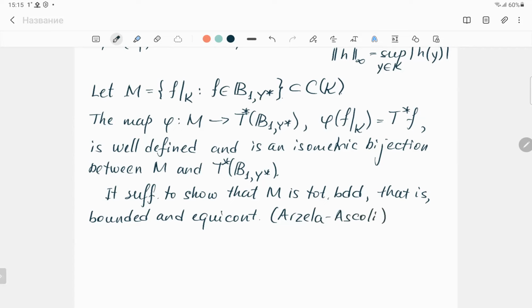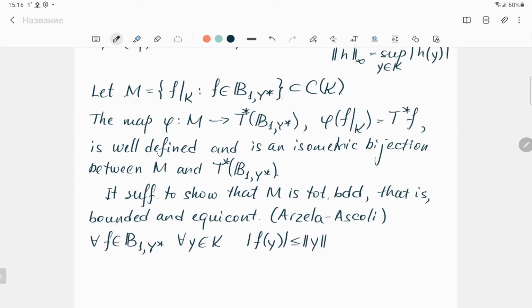Now this is quite easy. First of all, why is it bounded? Well, if we take a linear functional f from the unit ball and we take a point y in K, we want to show that f of y is bounded by a common constant which doesn't depend on f and y. Well, f is in the unit ball, so this is less than or equal to the norm of y.